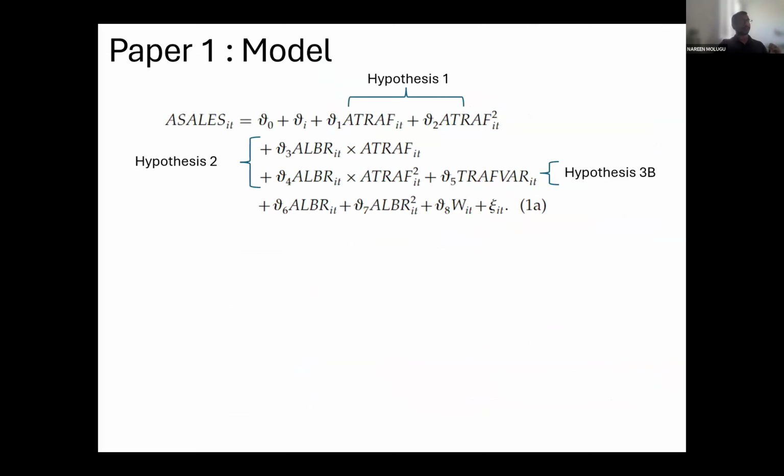So our first model is a simple linear model with a bunch of all these variables. But to answer hypothesis 1, we just look at the coefficients of the first two variables, mu1 and mu2. There is a square term which indicates the concavity or convexity of the function.